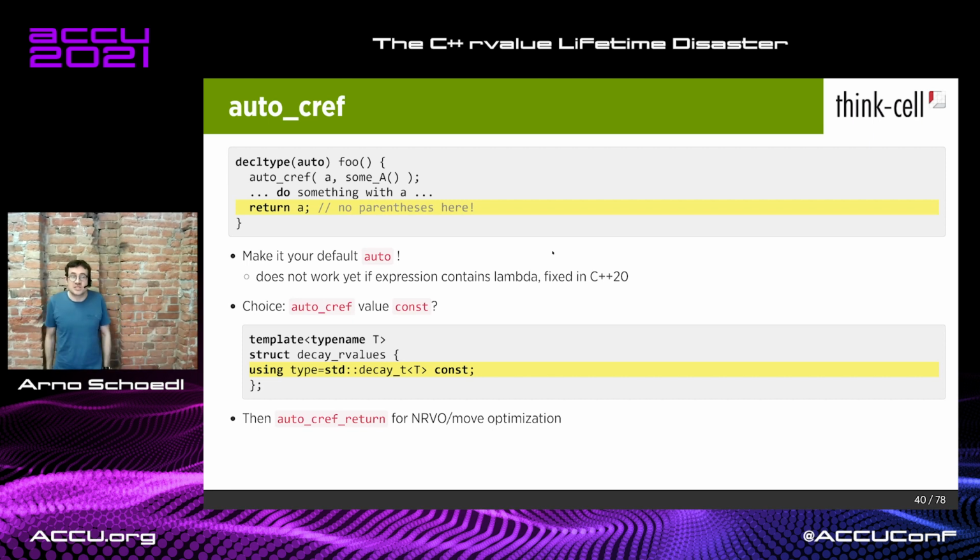But semantically, it should not be modified in foo, because if you are doing this with a constant reference, it wouldn't work anyway. So if you want to write generic code, you must not modify A. We do that, but then you again have to watch out with the return. If you want to return this variable, then you have to make sure that you use a special autocref return, which is what we had as the autocref before, without making the value const.